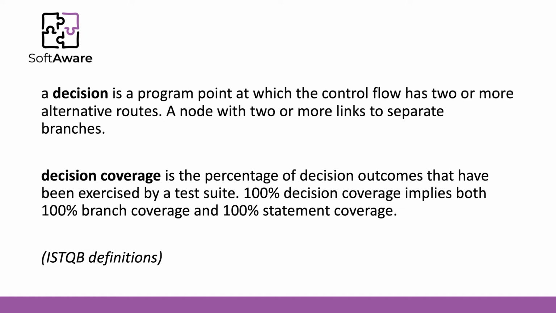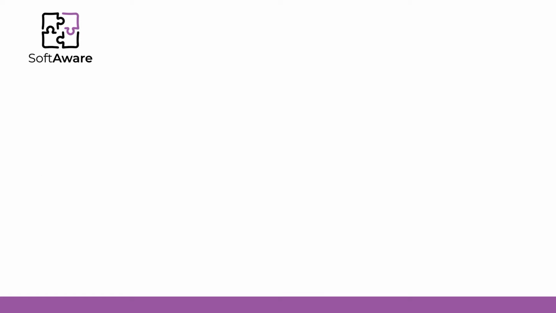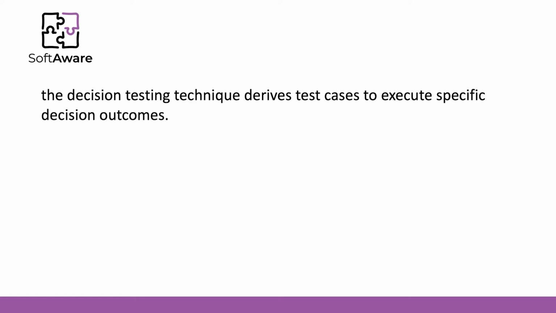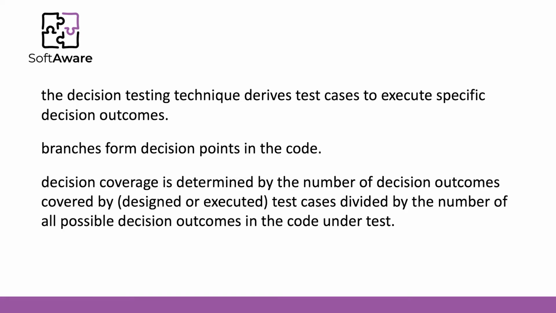These are also ISTQB definitions. The decision testing technique derives test cases to execute specific decision outcomes. So when considering a test case, we are trying to exercise all the outcomes possible from a specific decision or a specific branch. Branches form decision points in the code.